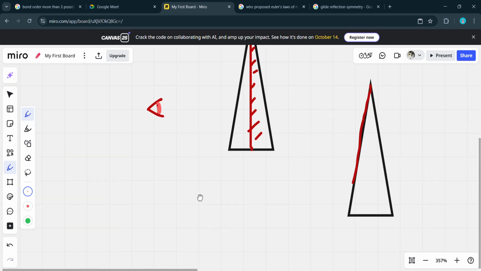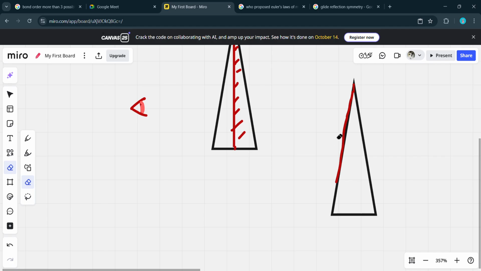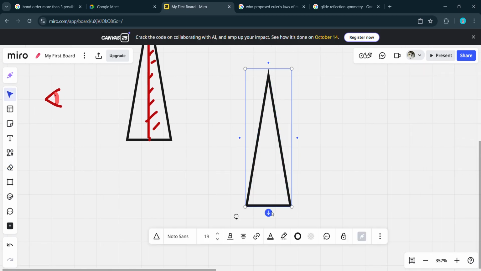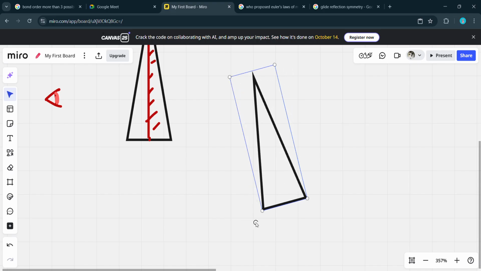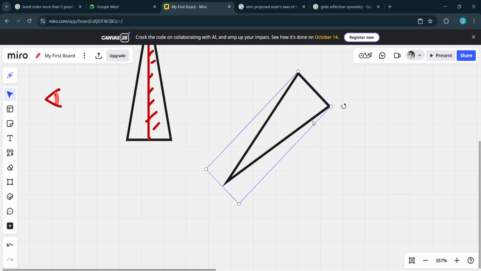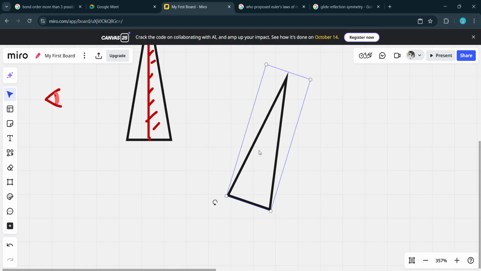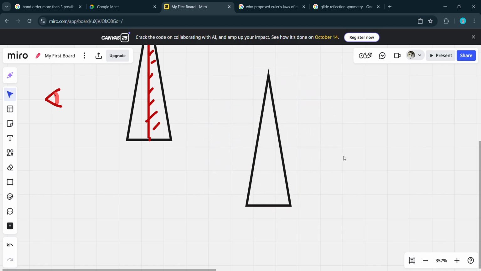Now let's talk about the angle of symmetry. If we rotate, and again rotate, we find that only after a complete rotation do we get back the original shape.